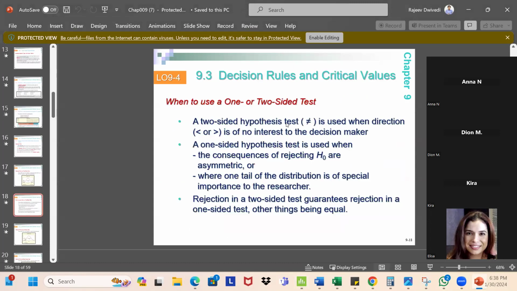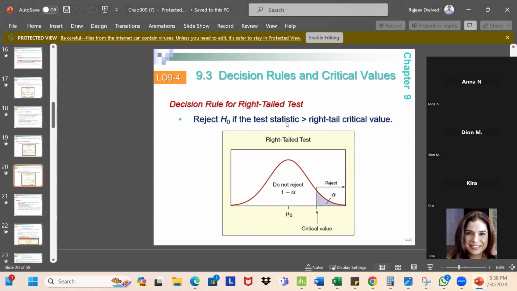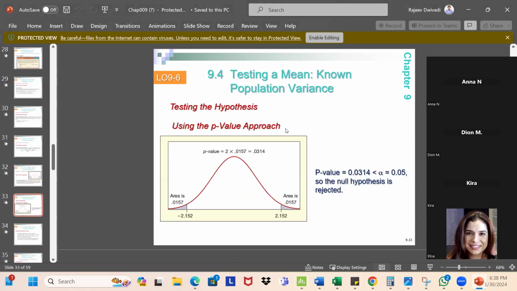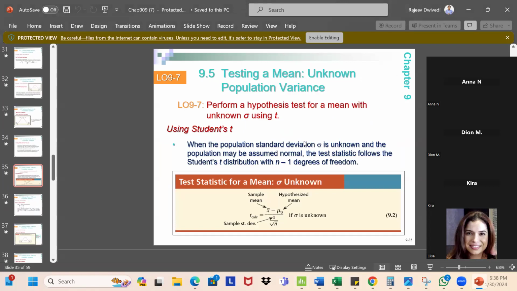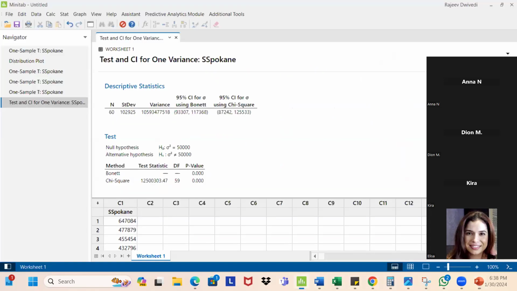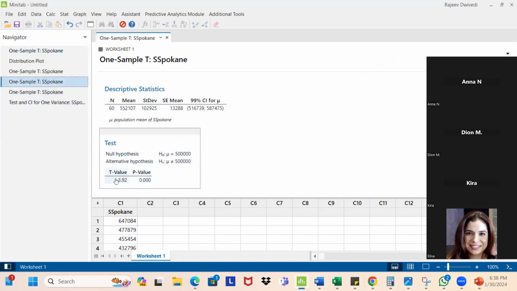So critical values you can get directly from the table. Even you can do all these things in Excel. How do you calculate the t value? So basically you have to calculate the mean, hypothesized mean, standard deviation of the sample. So let's say we did this in Minitab, t value 3.92.